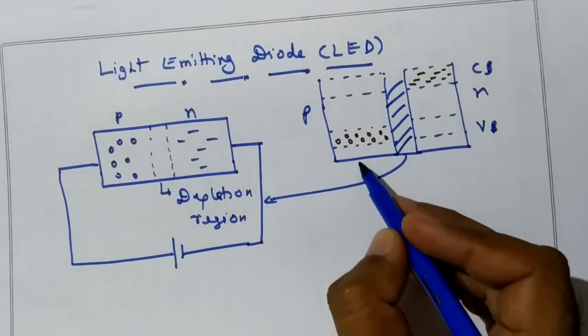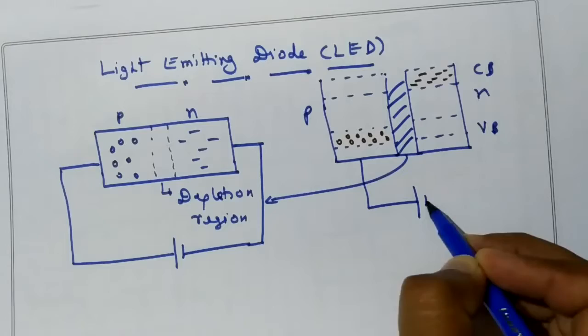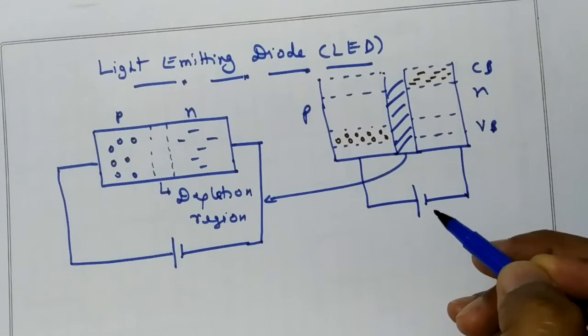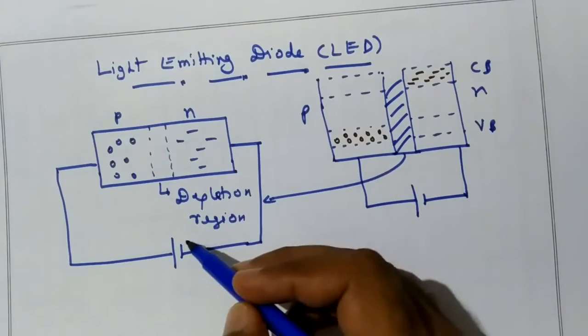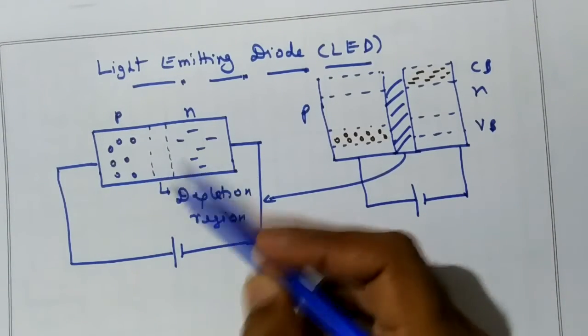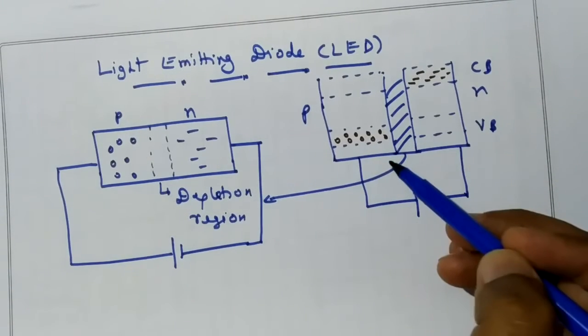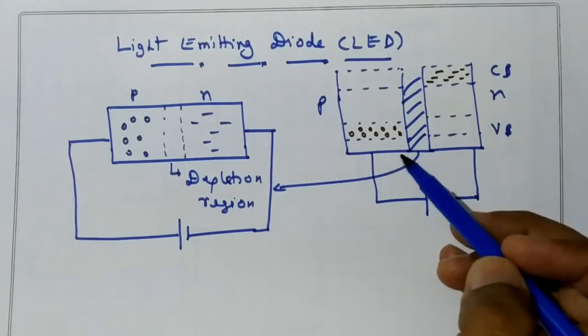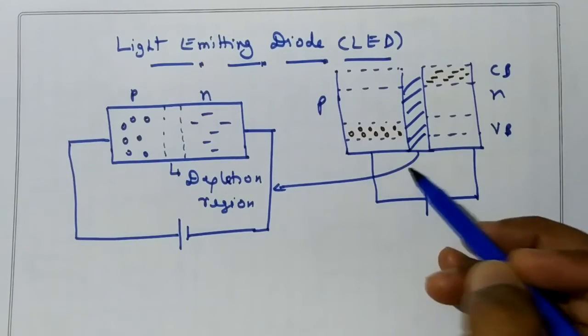Now when the diode is forward biased, this is just a representation. Once the forward voltage is more than the barrier potential, the electrons which are on the N side cross the junction and go to the P side. To understand what the barrier potential and the depletion region are, please watch the formation of a PN junction, and the link is given in the description.